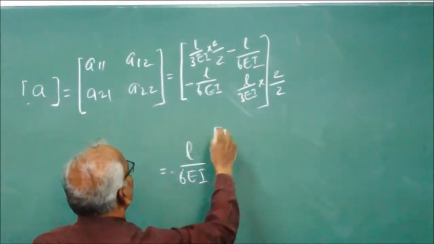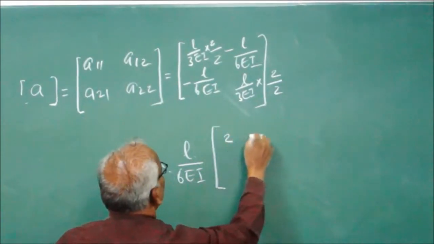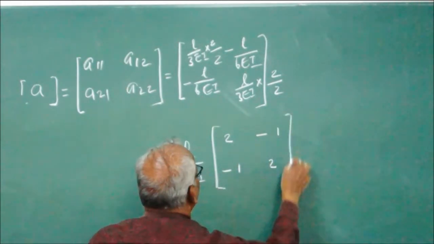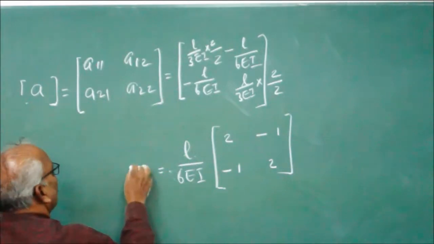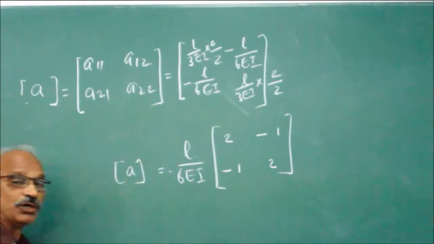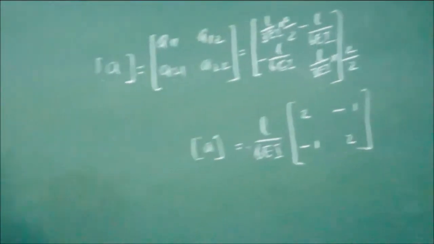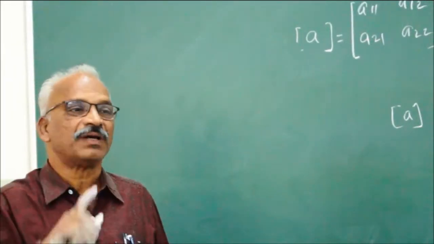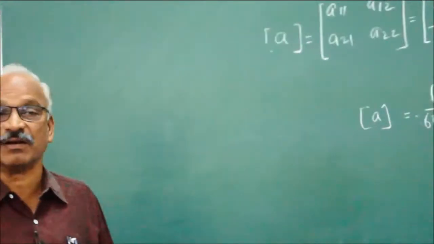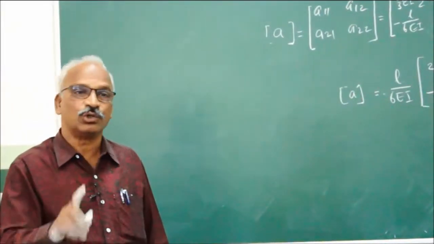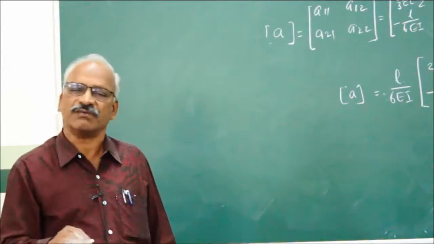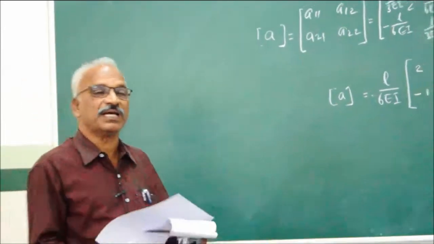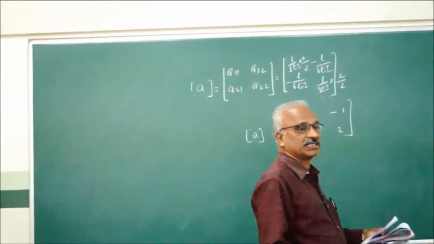For L by 6EI, this is 2, minus 1, minus 1, 2. In all problems of continuous beams and portal frames, we will simply write the element flexibility matrix as L by 6EI, 2 minus 1 minus 1 2. We will use it in all problems. You have to remember this matrix. So this is for a simply supported beam with two coordinates.